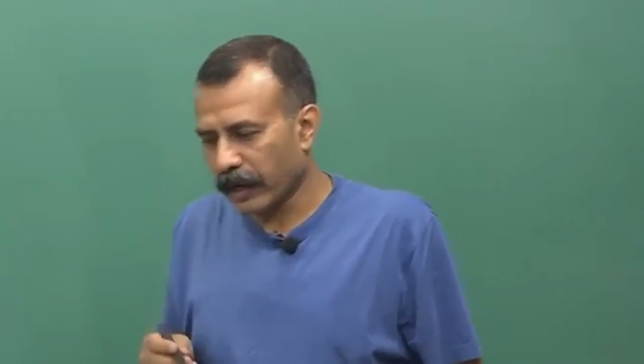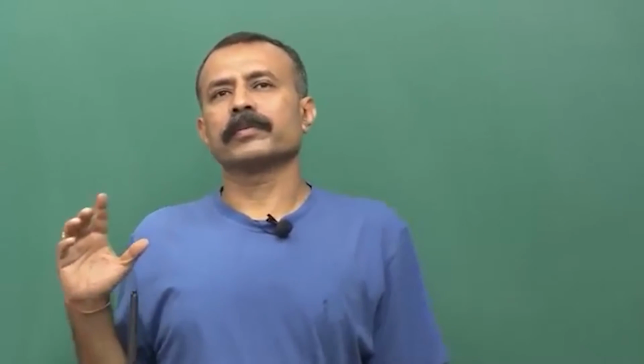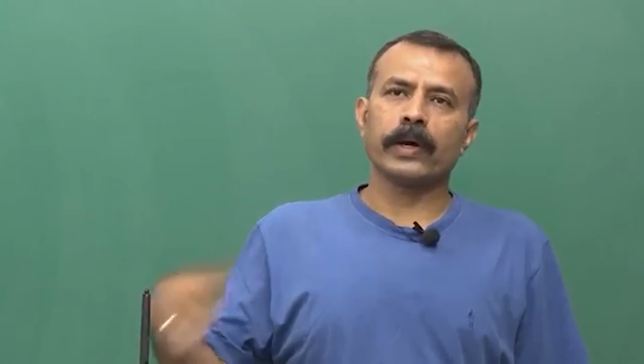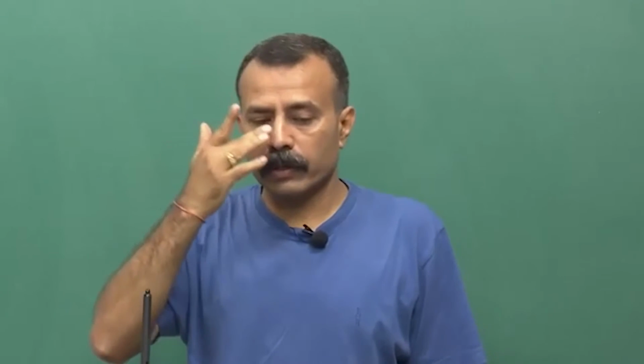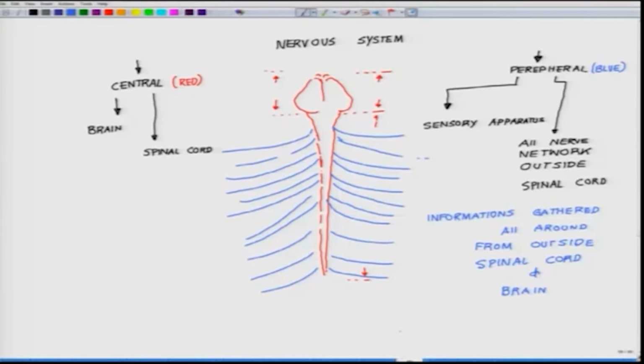So, let us clarify that. Suppose I have to process an information. The information from that XYZ part of the body will be carried to its processing unit, which is out here, either to the spinal cord or to the brain, which are both part of the central nervous system.